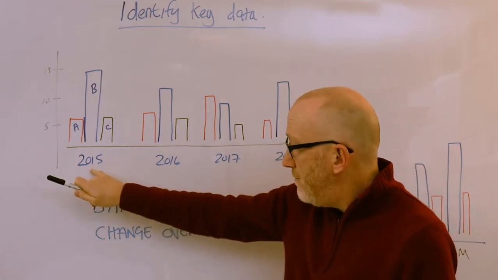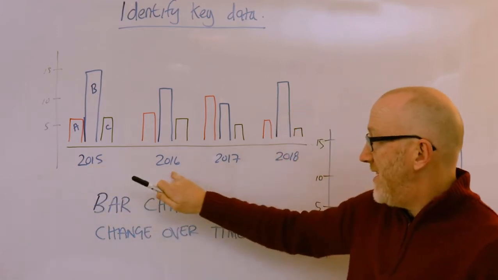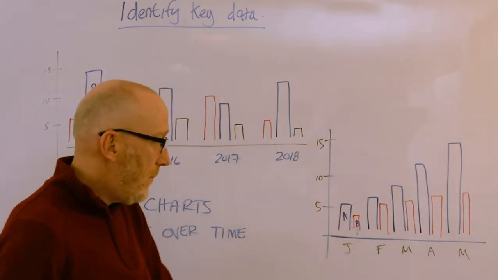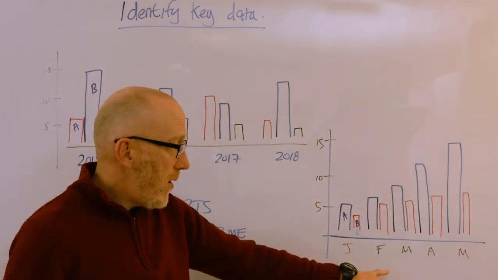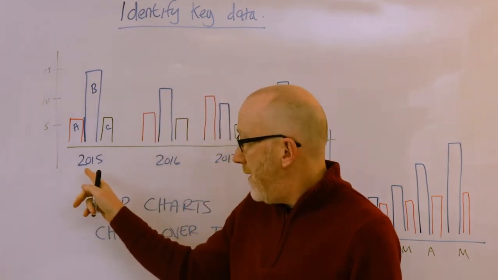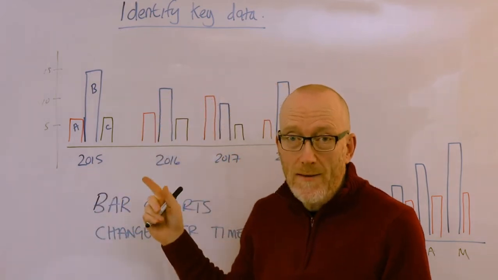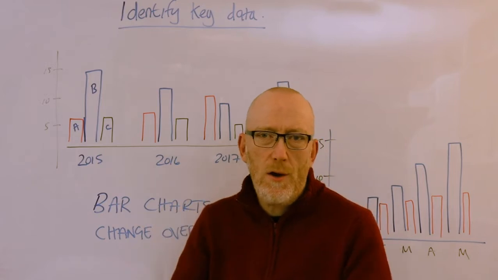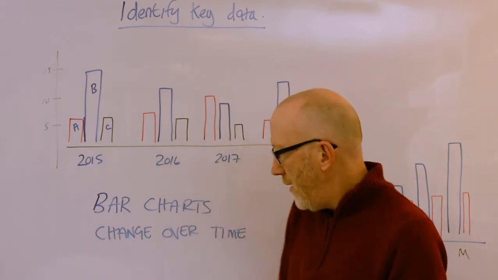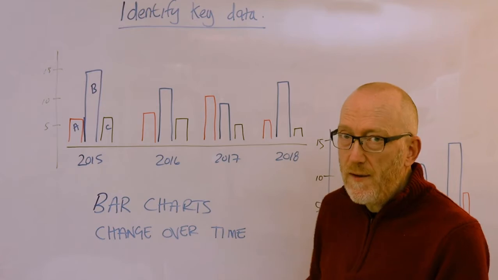In this case we have years, 2015, 2016, 2017, 2018. In another example, we have January, February, March, April, May. You could have Monday, Tuesday, Wednesday, or 1 o'clock, 2 o'clock, 3 o'clock. If there is a time element, then your chart is describing change over time.